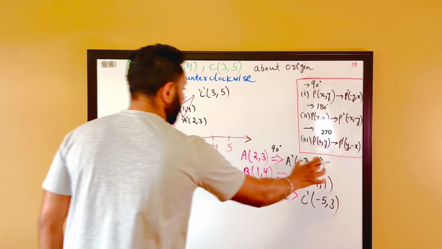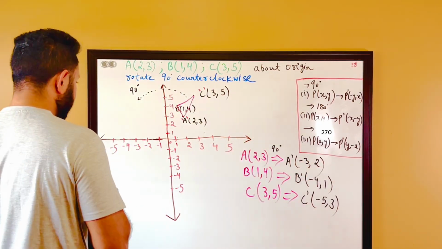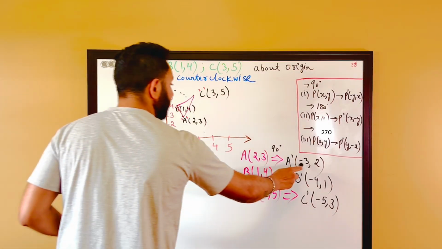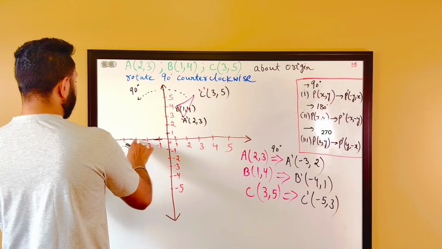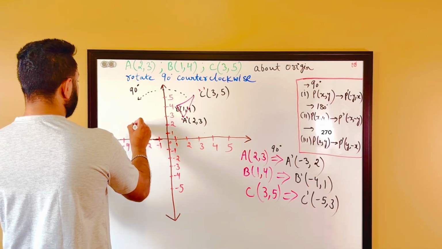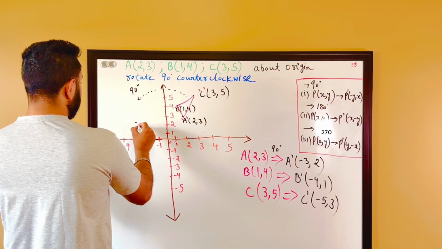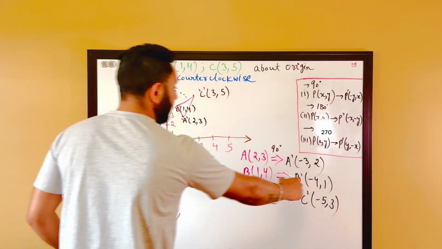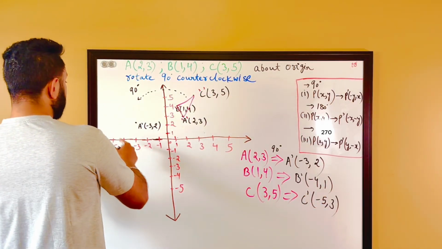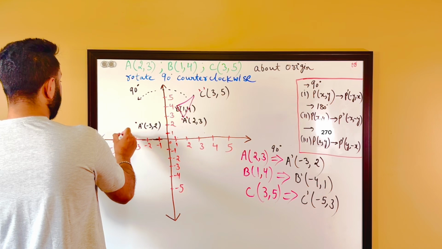So now we're gonna mark these points here on the graph. So (-3, 2), that means -3 and 2 here. And the B coordinate is (-4, 1), so here.